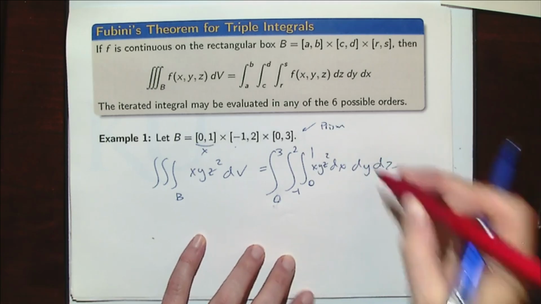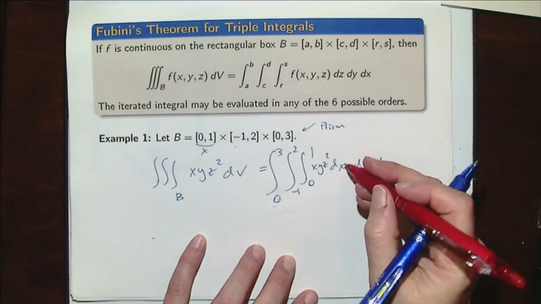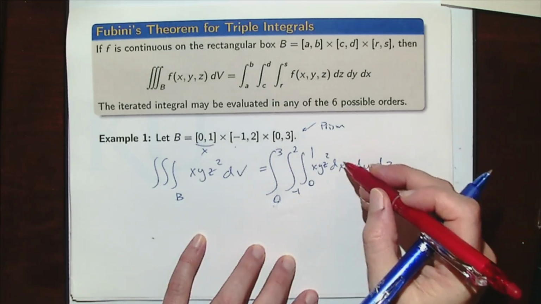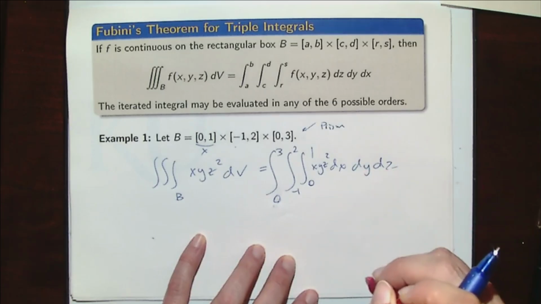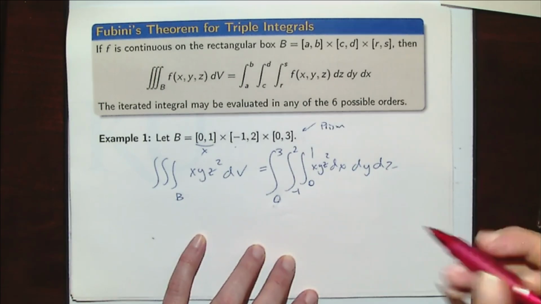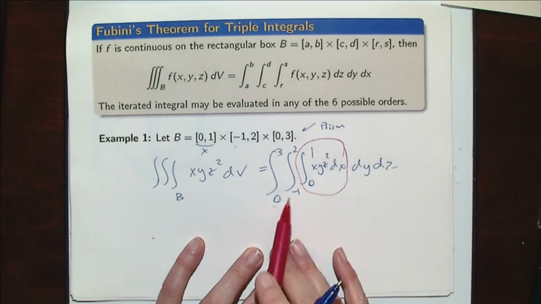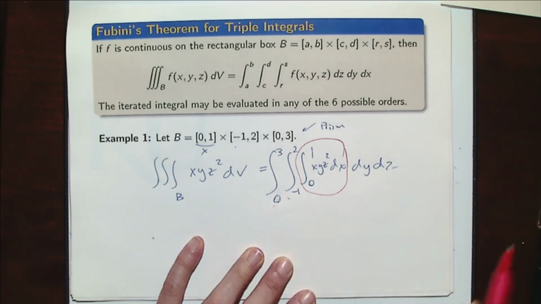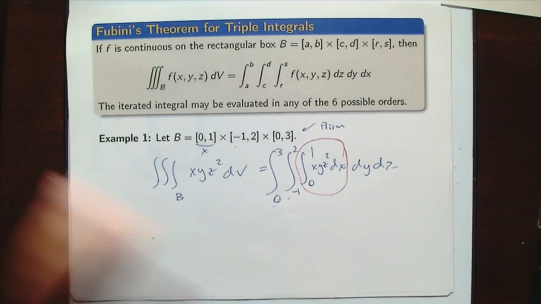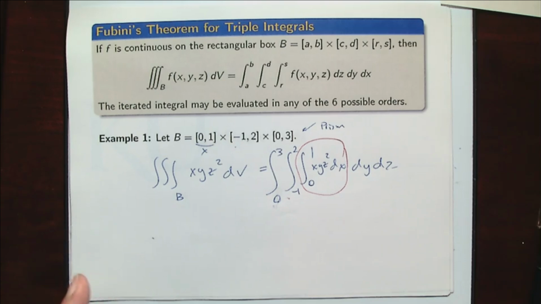So first thing first, where do you guys think I'm going to start? Most inner. So in here you have the inner, the middle and the outer. Sometimes I say most inner, because then the two remaining ones have an inner and outer. That's the only reason I say most inner, because after I do the inner one, I will have a double integral.